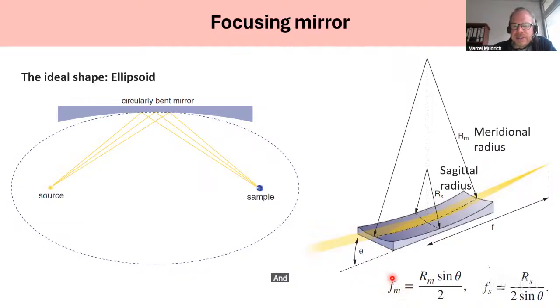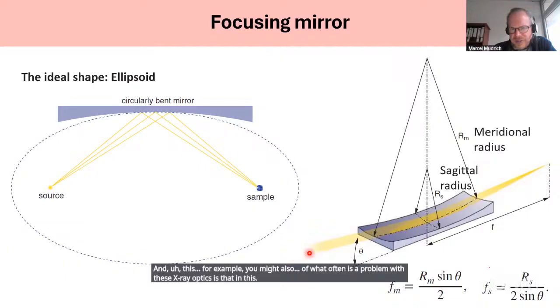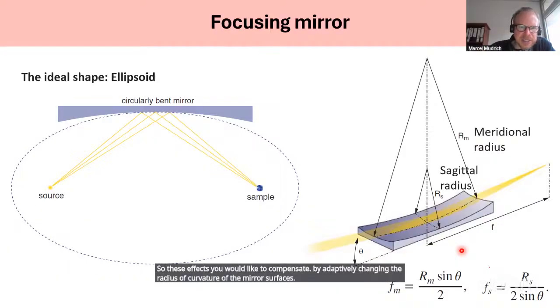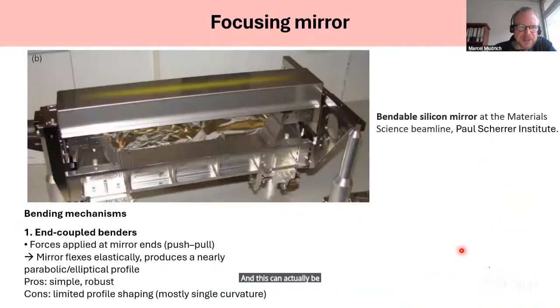Also, what often is a problem with these X-ray optics is that since these are intense X-rays, they cause local heating of the mirror surface, which again causes some thermal lensing effects. These effects you would like to compensate by adaptively changing the radius of curvature of the mirror surfaces. And this can actually be done, for example, by these bendable silicon mirrors.